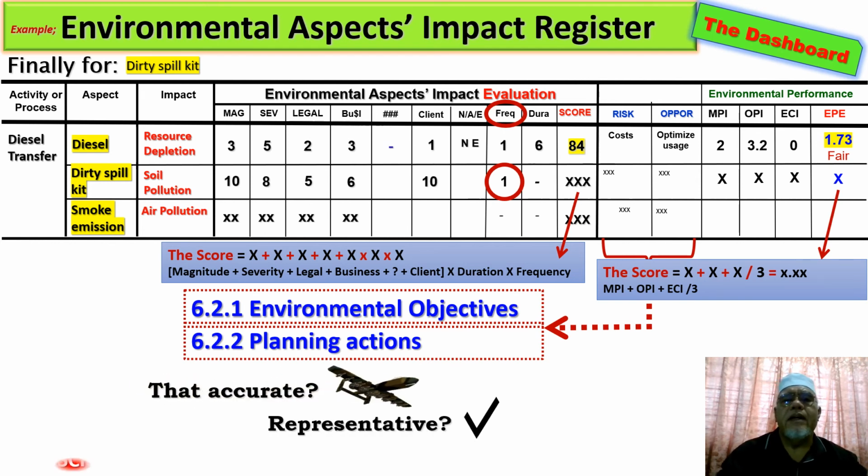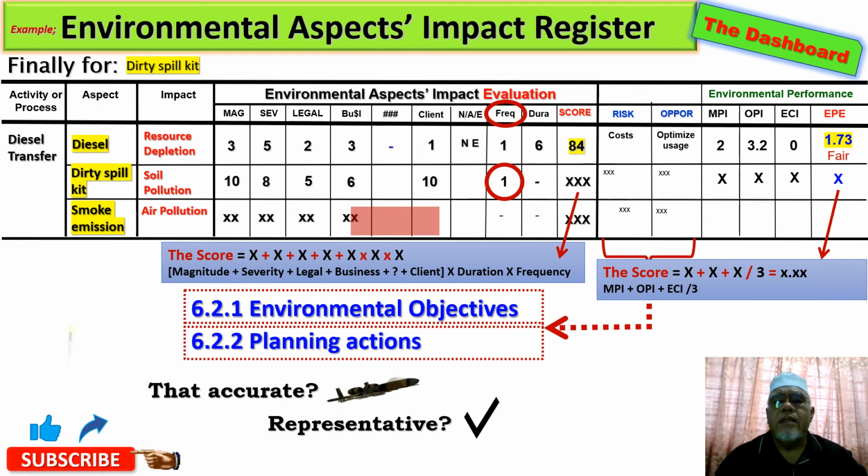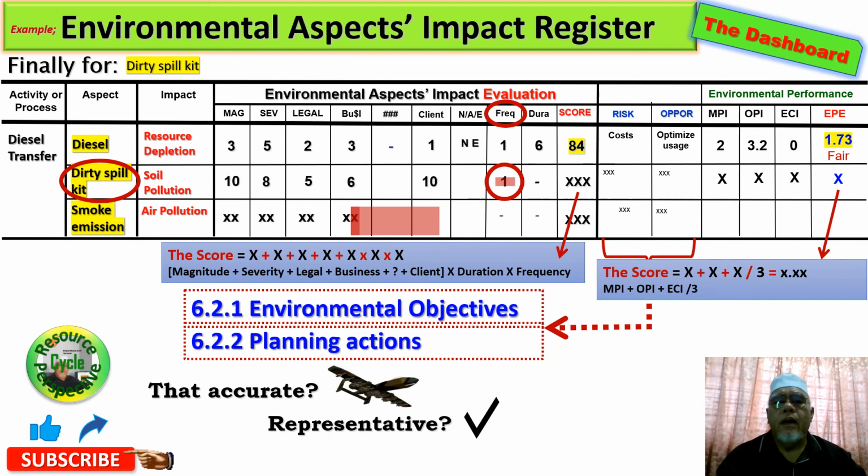Now, as far as the dirty diesel spill kit is concerned, there you are. The score is 1. Okay, what does it mean? So we have one more, which is duration, after which we will be able to identify, and then we need to know its occurrence, whether in normal or emergency.